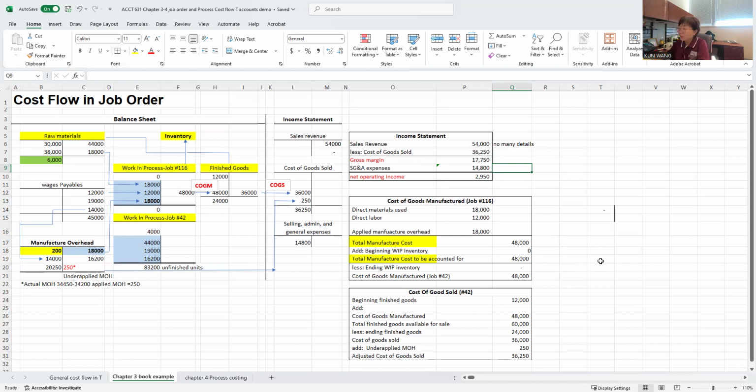So I will stop here. I hope this helps us understand better, because I know the book uses long, lengthy pages to present all of the detailed journal entries, ledger accounts, and then the cost reports.